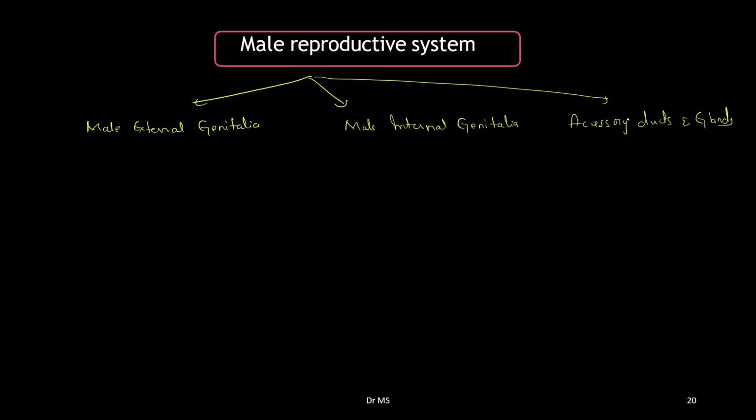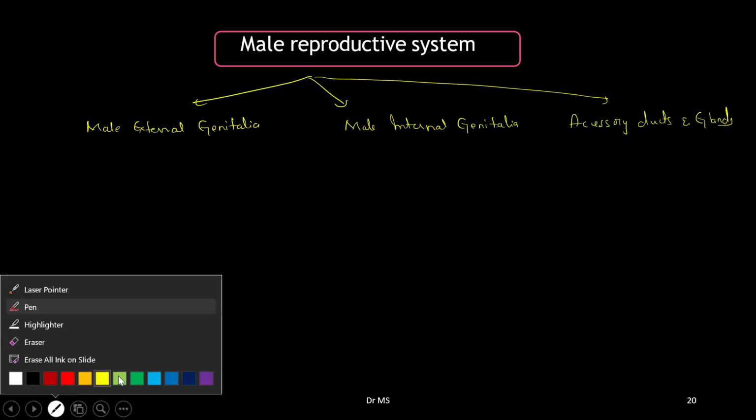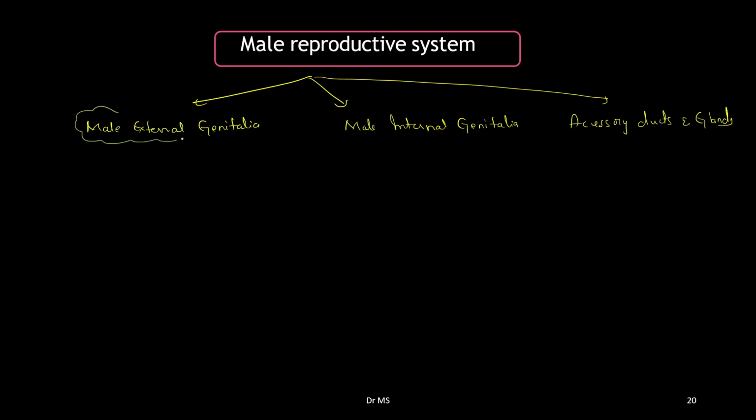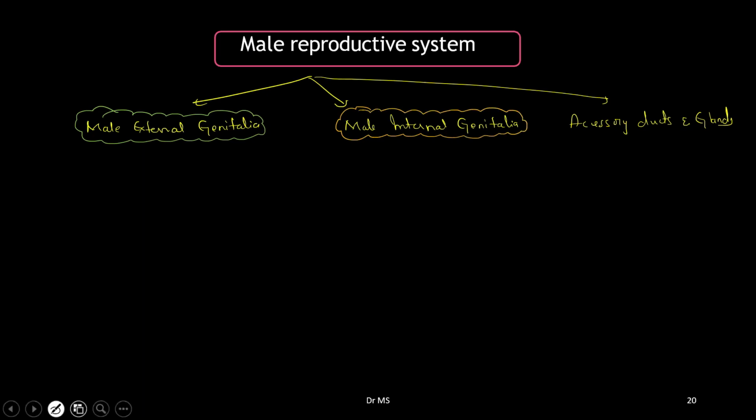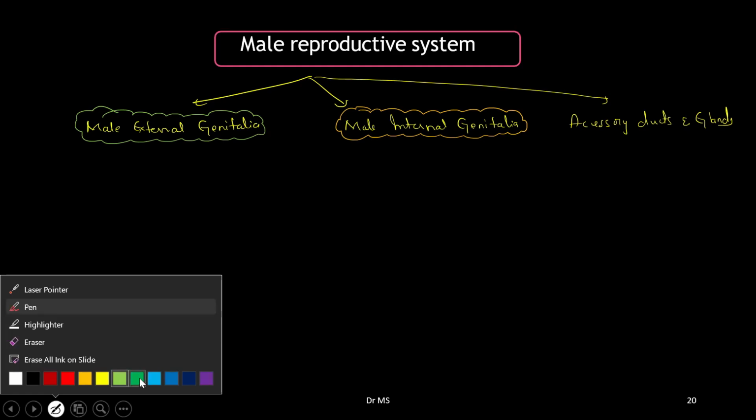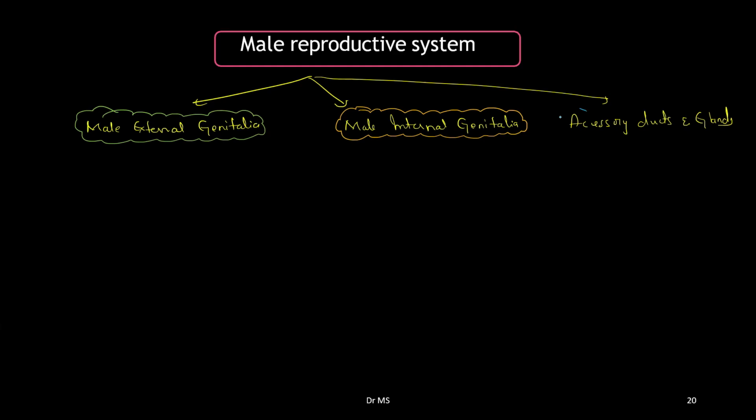So remember: one is the male external genitalia, the other one is the male internal genitalia, and the third one is the accessory ducts and glands.